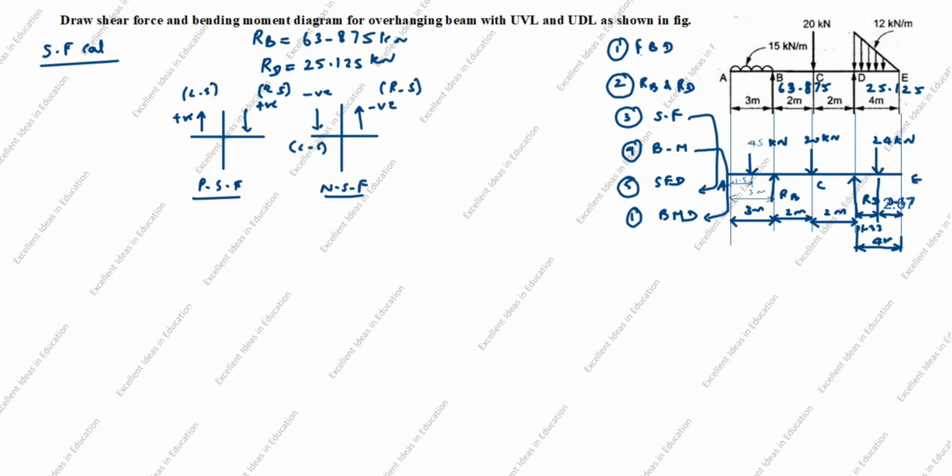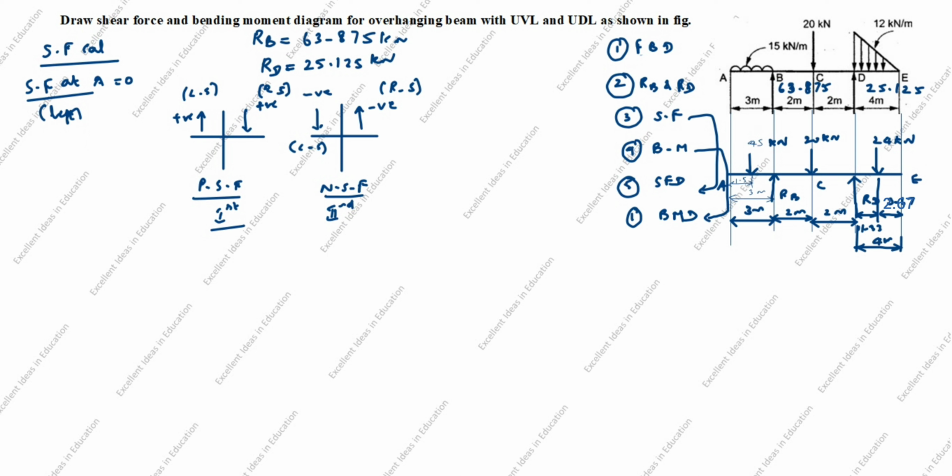This is the second rule. This is the first rule. Now we will calculate shear force at A. First we will take left side. You see the shear force at A, no force is there. This is 0. Now we will calculate right side.